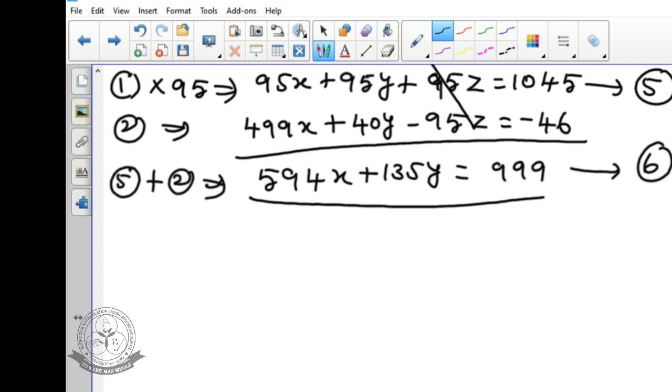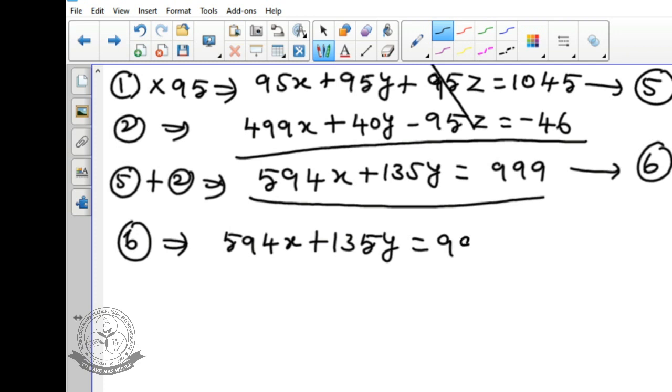Now we have to take equation number 6 and 4. Equation number 6 is 594x plus 135y equal to 999. Next, equation 4 is multiplied by 45, then only we can eliminate y.